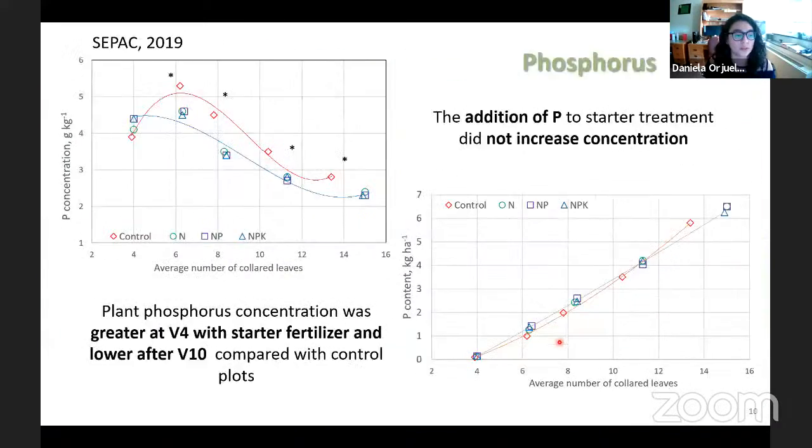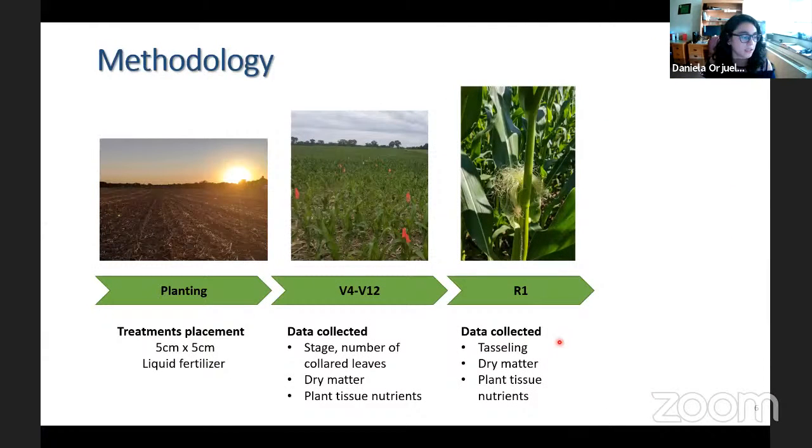So the fields were silty texture soil, or silt loam, if I'm not wrong, for both of them, but I will double check that. And in the case of soil samples, we did take soil samples early in the season before planting, meaning before the application of fertilizer. And we found that phosphorus was close, in the two fields, to 54 and 53 in each one, and potassium was around 132 for the two fields.